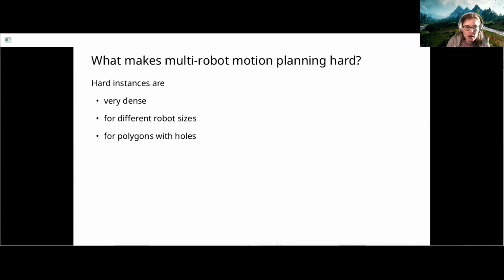They use either robots of different shapes, different sizes, or also a polygonal domain with holes as the environment. So if we try to somehow get rid of all these properties, then maybe we can find algorithms. So we're not going to look at very densely placed robots. We're going to look at one robot size, and we're going to look at a simple polygon.